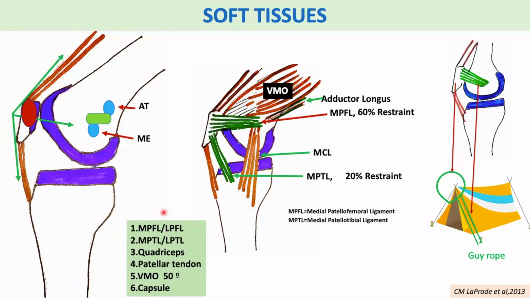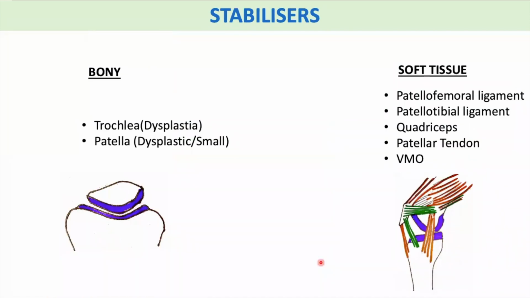So these are soft tissue stabilizers: the ligaments, quadriceps tendon, vastus medialis obliquus, and the capsule also provides some stability to the patellofemoral joint. The anatomy of the patellofemoral joint can be better studied in terms of bony factors and soft tissue factors.